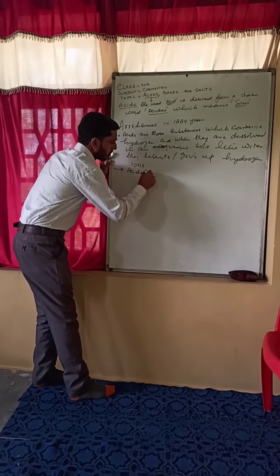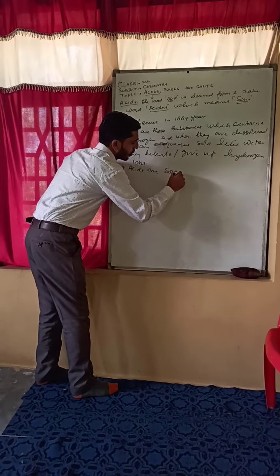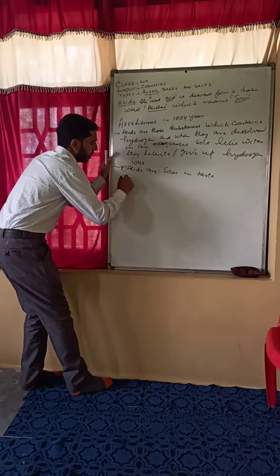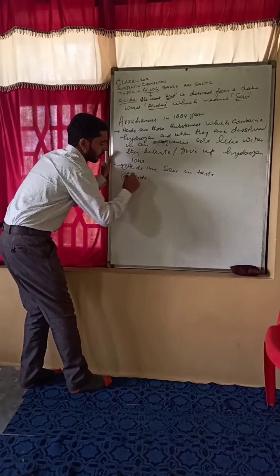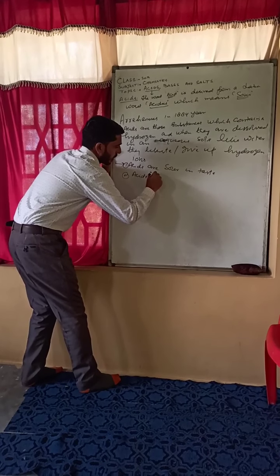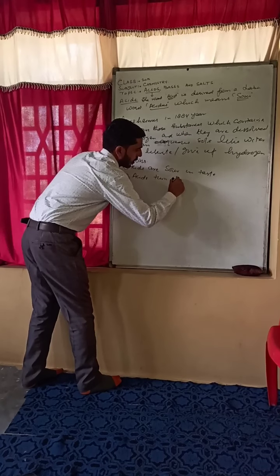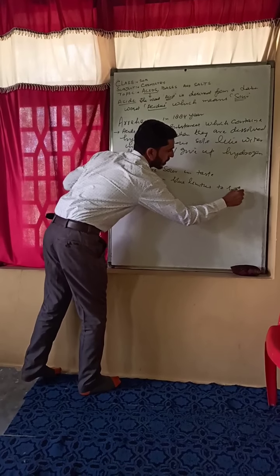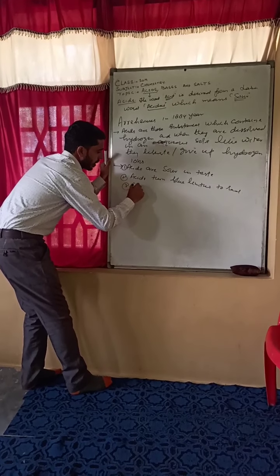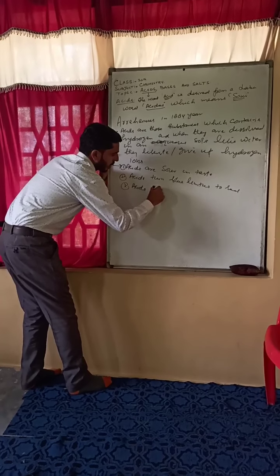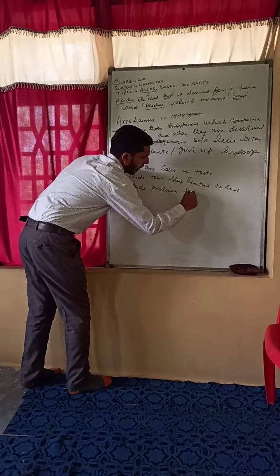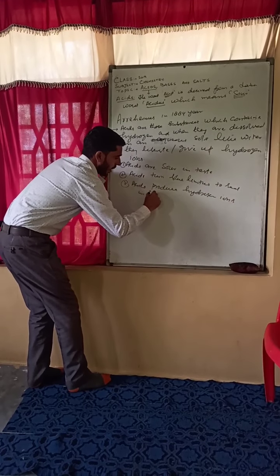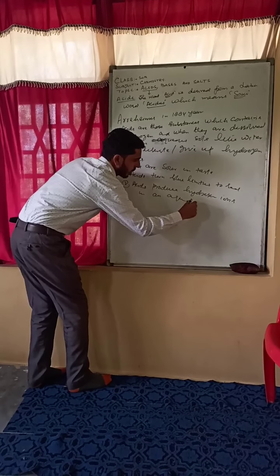Acids are sour in taste. This is the first point about acids. Second, acids turn blue litmus to red. Then the third point is acids produce hydrogen ions in aqueous solutions.